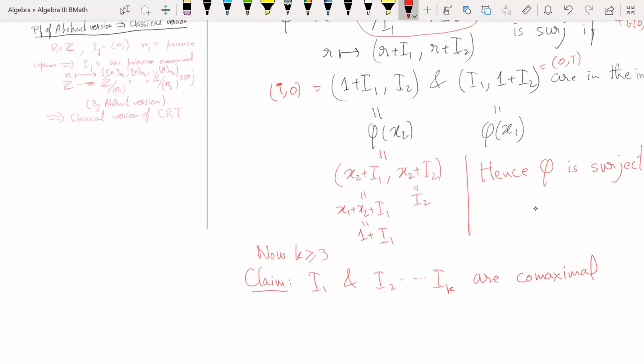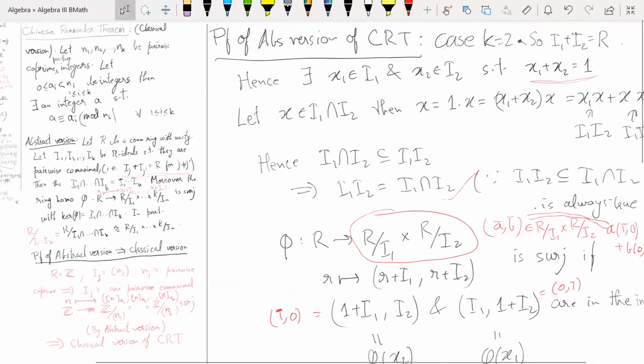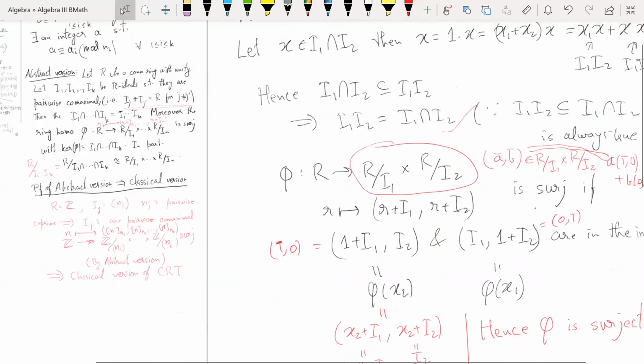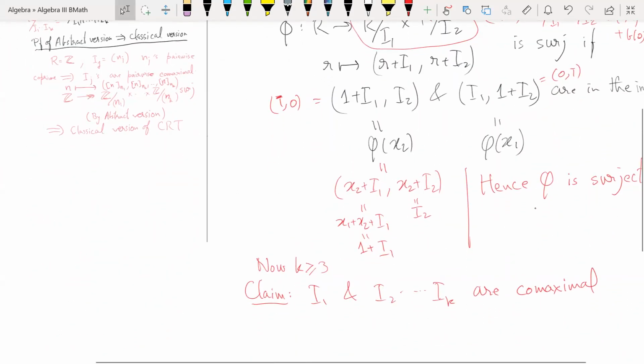Once we prove this, then by induction this will prove that the intersection of I1 to Ik is the same as the product of I1 to Ik, using these two base cases.